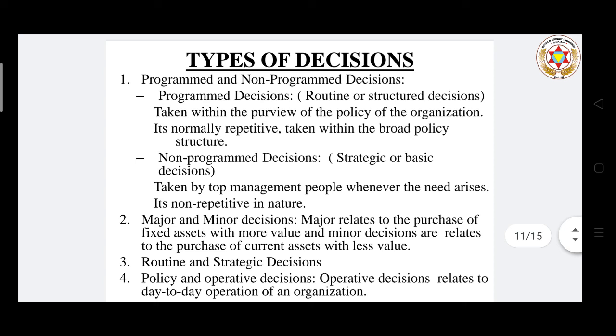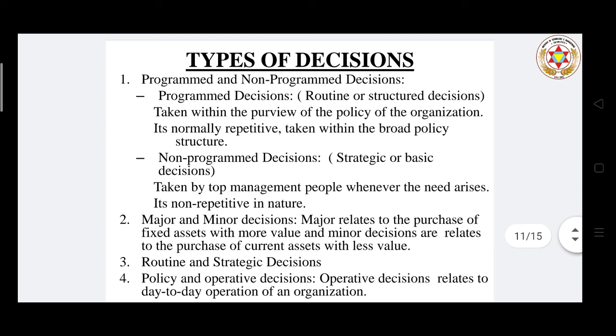So routine and strategic decisions, where routine decisions are the supportive decisions related to the present, and they achieve efficiency in the company's ongoing activities. Example, parking facilities or cafeteria services, etc. Whereas the strategic decisions examples are lowering the price of the product, changing the product line.